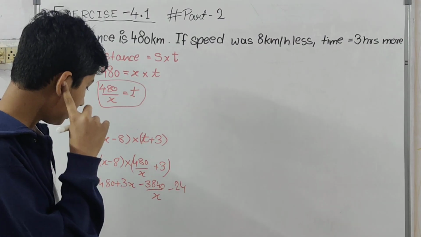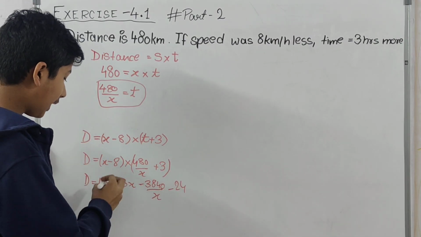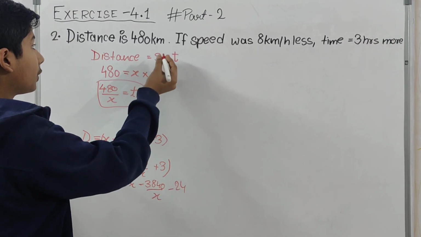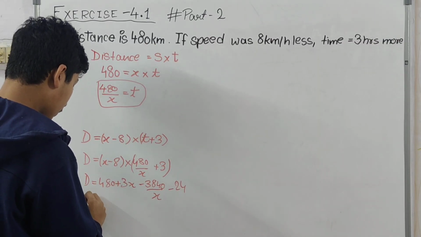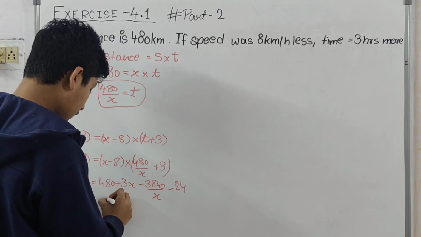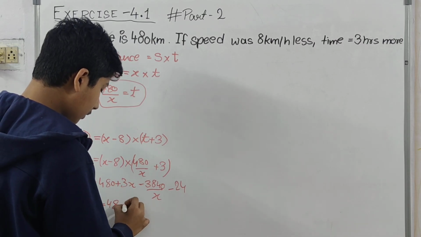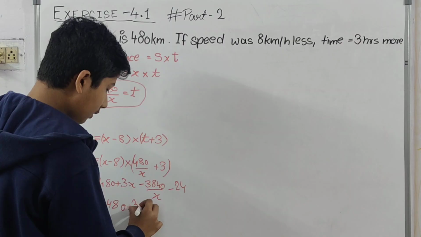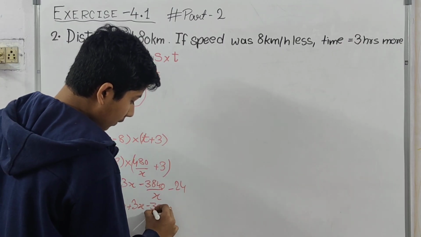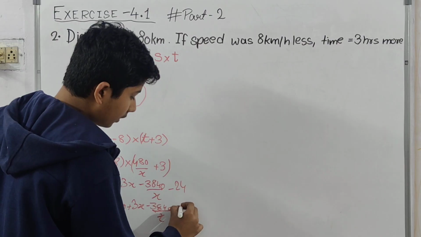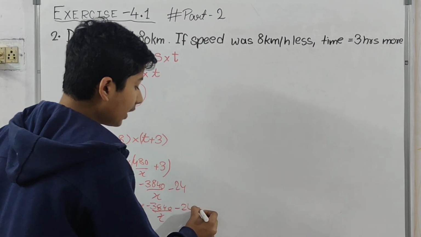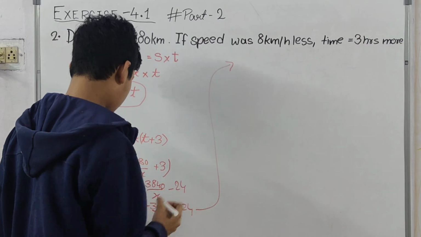Okay, so we'll solve this. Here we'll put the value of distance now. So 480 will be equals to 480 plus 3x minus 3840 by x minus 24. Now if you see, 480 cancels, we'll solve this over here.